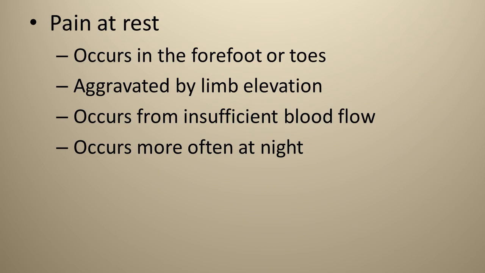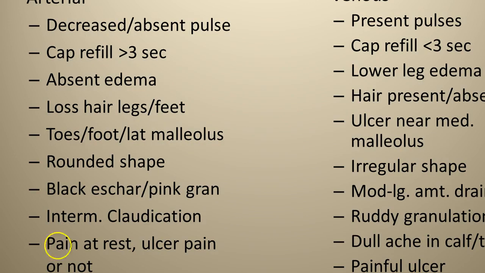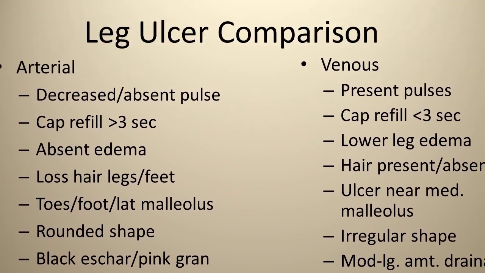This is also what we see in the forefront of the toes, aggravated by limb elevation, occurring from insufficient blood flow, and occurring more often at night. That's the pain at rest, that rest pain we were talking about. This is a great slide because it compares what happens in leg ulcers if it involves the arteries versus the veins. And this makes sense. Think about arterial circulation. That's what your peripheral pulses are, so they may be either decreased or absolutely absent.